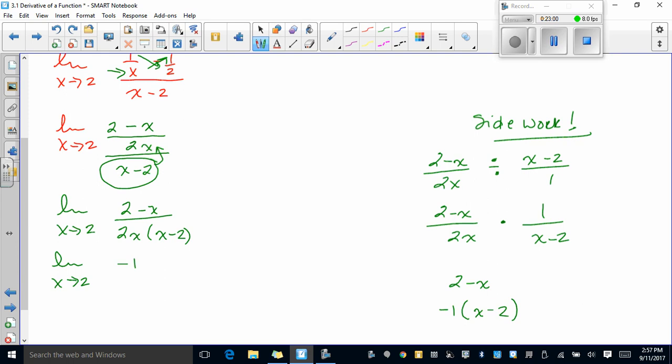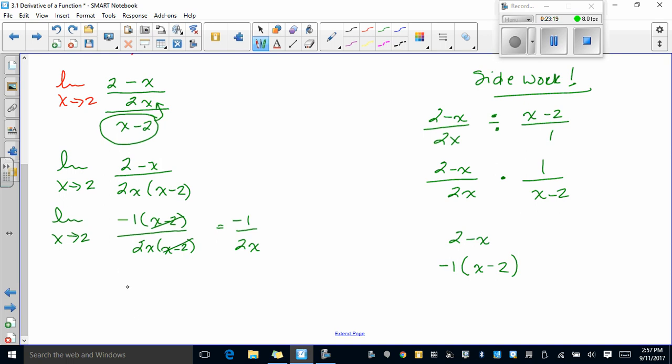And these two lovelies get to cancel out, and we're left with -1 over 2x. But it's the limit as x approaches 2. So f prime at 2 is equal to -1 over 4. So that function there, the derivative value at 2 is -1/4.